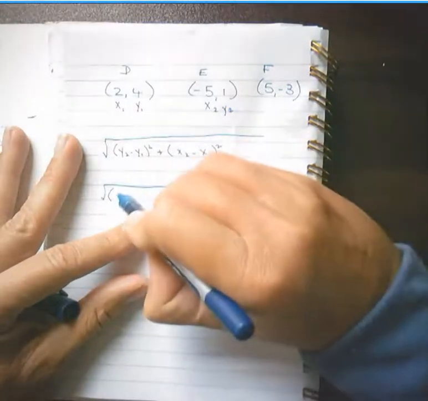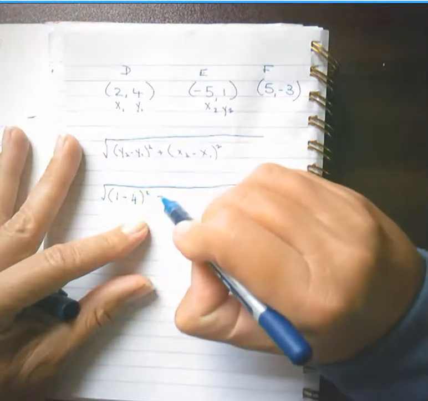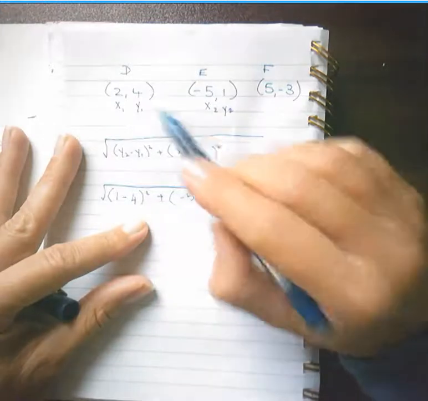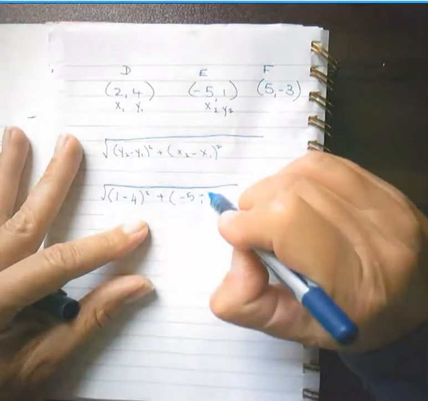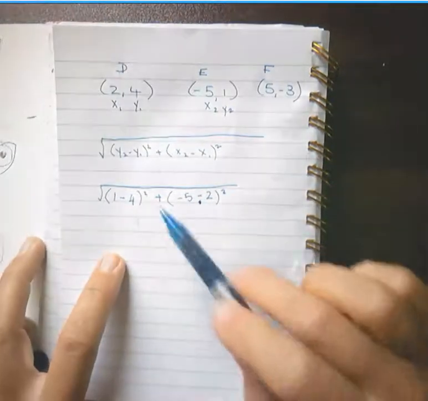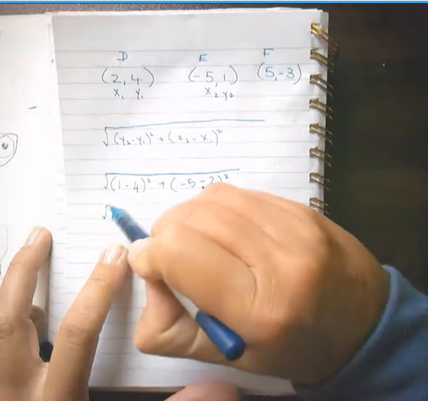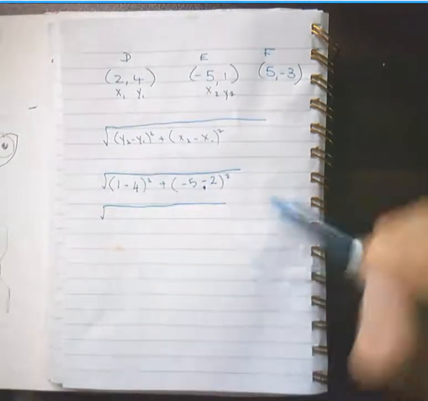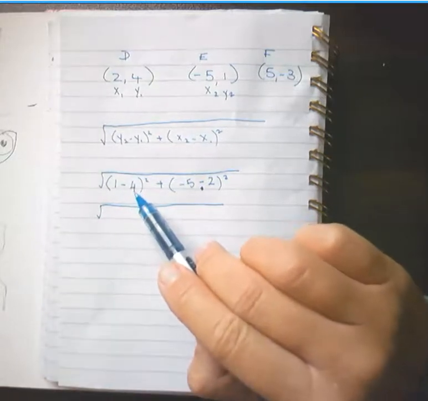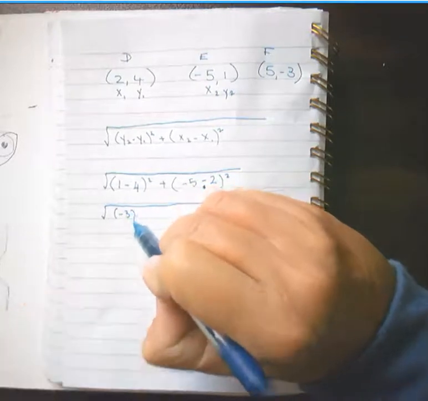So you're going bracket 1, take away 4 squared plus minus 5 take away 2 squared. Right? So I've plugged them in, I haven't solved them yet, and then you solve them. So when you're solving them, remember to take into account your normal algebra rules. So we've got positive 1, take away 4, so the take away 4 is bigger, so your answer in there is negative 3.